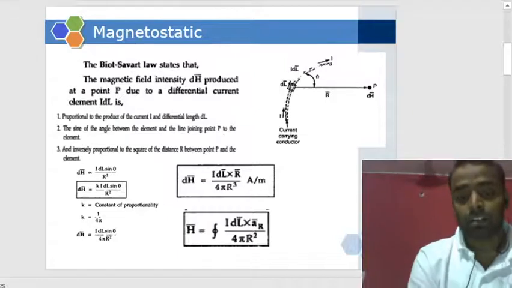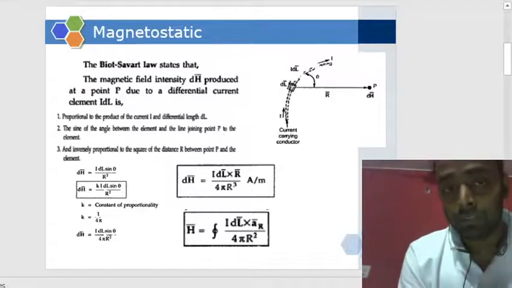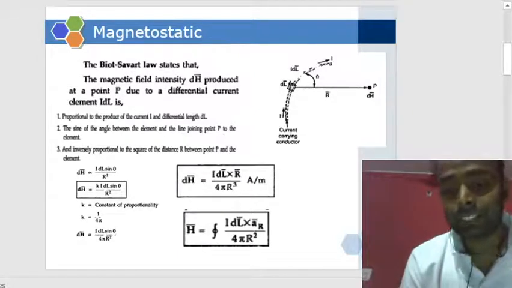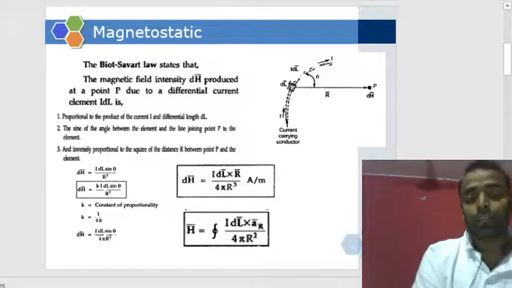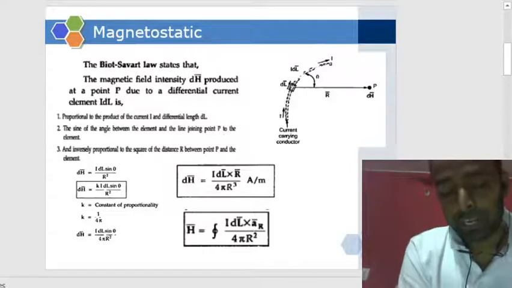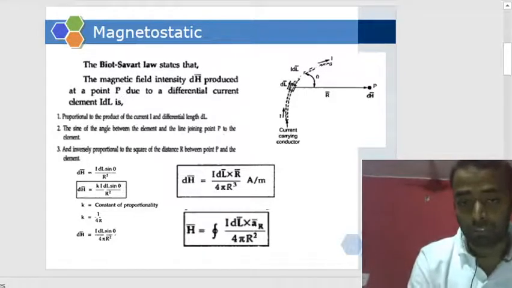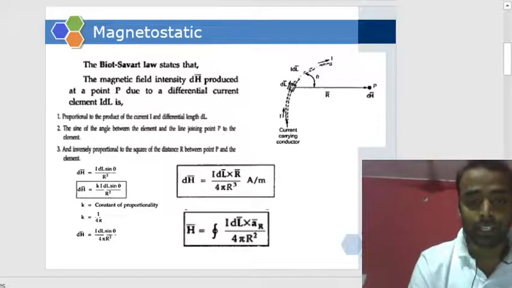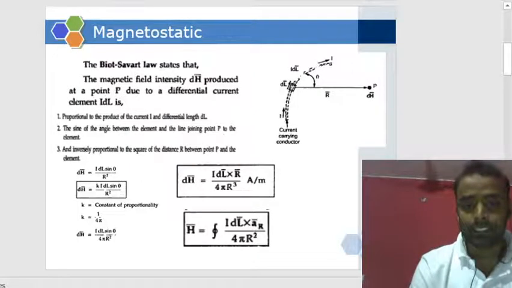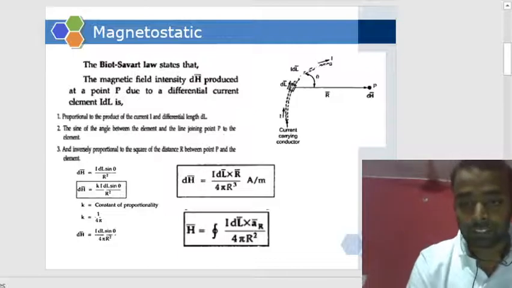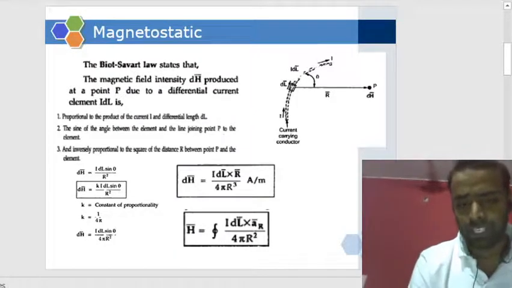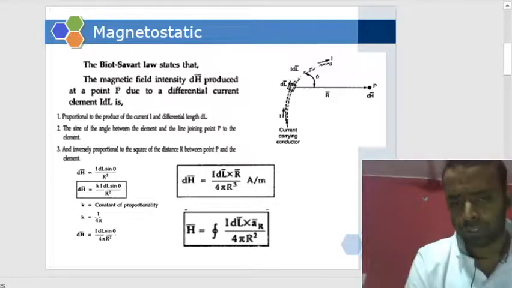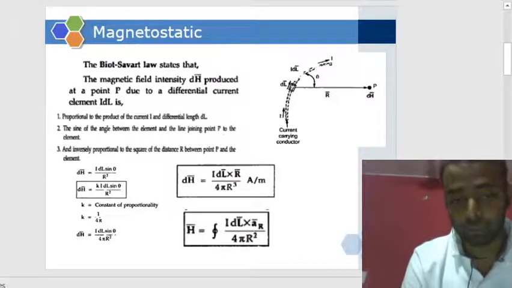So what is the magnetic field intensity numerically? It is determined by the Biot-Savart law. It's pretty simple in fact. Suppose we are having a current carrying conductor. I'm taking the direction from bottom to top. You can take top to bottom if you want; it will work both ways.